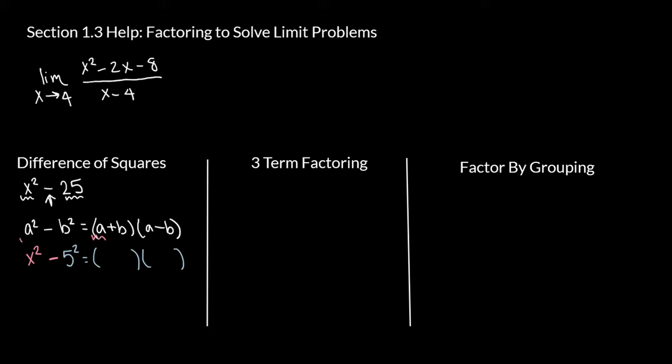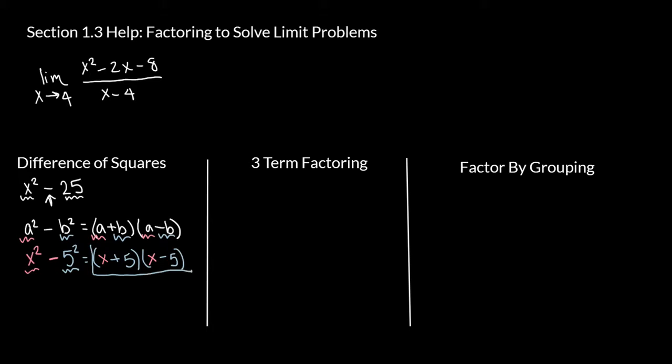Instead of x squared, we write just x first in each parentheses, and then for b we plug in 5, because b squared is 5 squared, so b is just 5. Our factored form is x plus 5 and x minus 5.